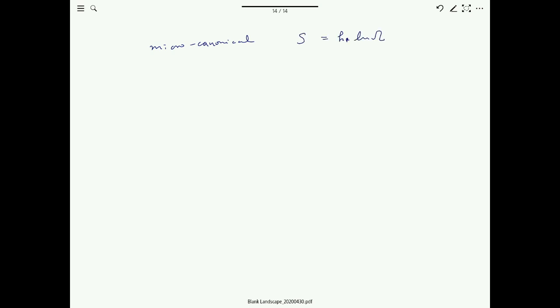And the canonical ensemble, and I have this partition function, which is a sum over states, and the grand canonical partition function that also includes the particle number.